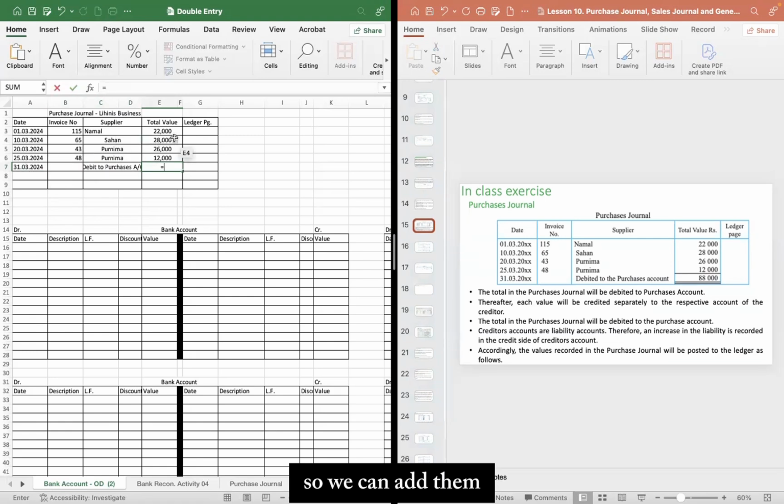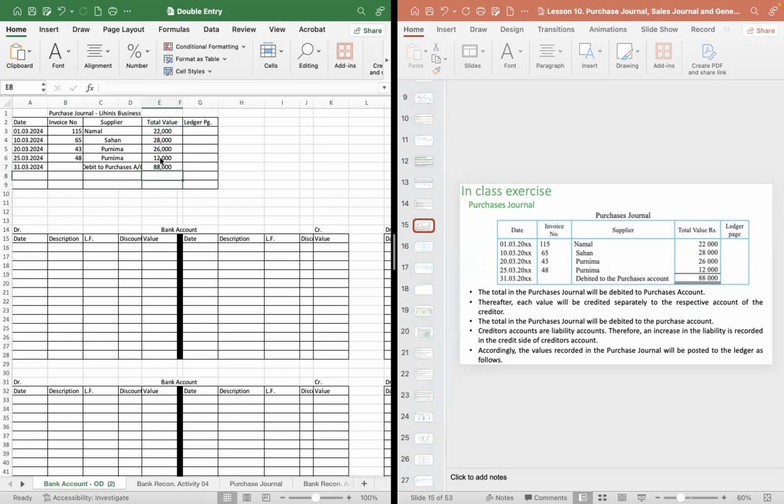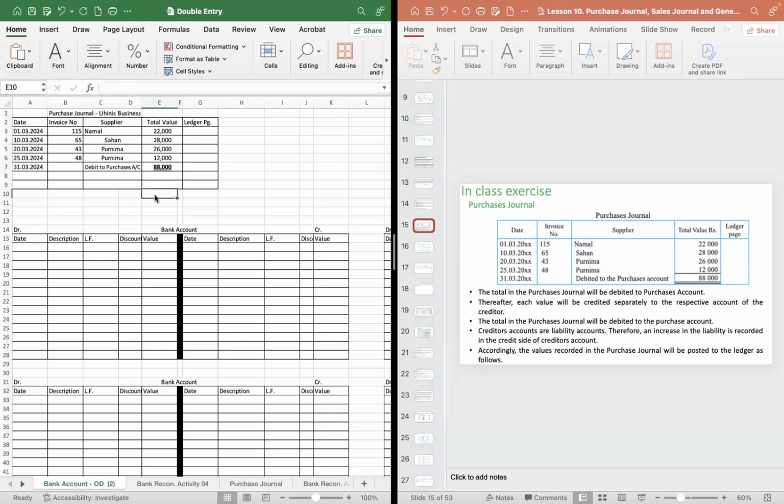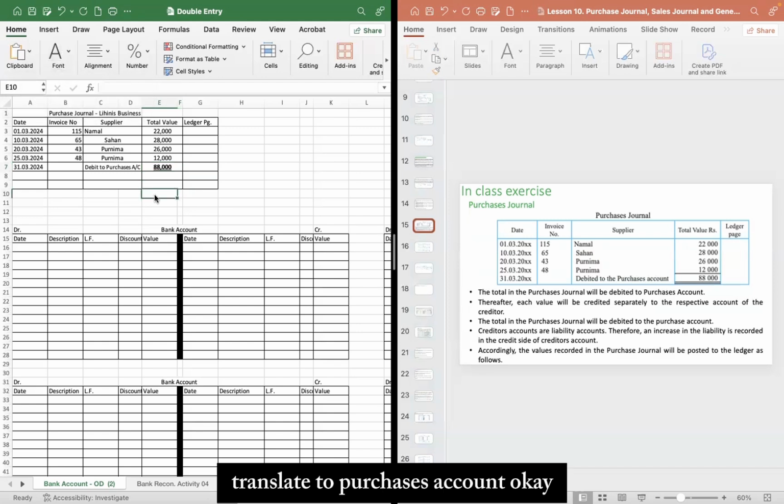So we can add them. It's 88,000. There you have to transfer it to the purchases account.